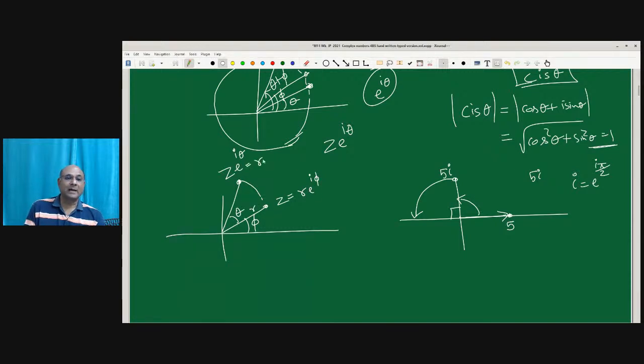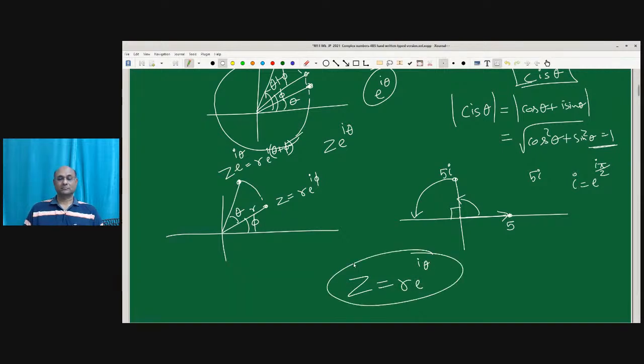It will become r e power i (theta plus phi). So writing z as r e power i theta is also called polar form. So what does that mean? That means the modulus is r, and the angle is theta.